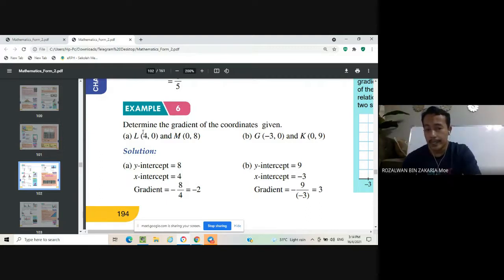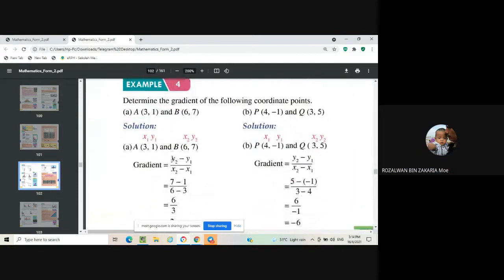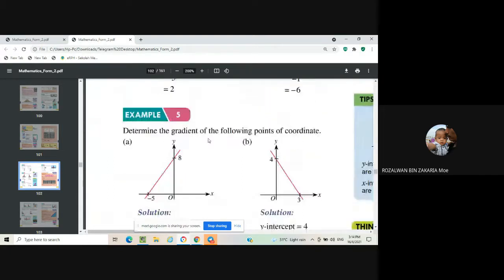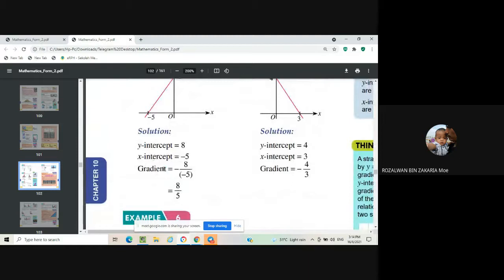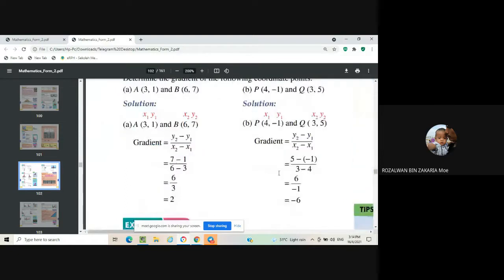Remember the formula to find the gradient: gradient equals y2 minus y1 divided by x2 minus x1, or you can use another formula, gradient equals negative y-intercept divided by x-intercept.